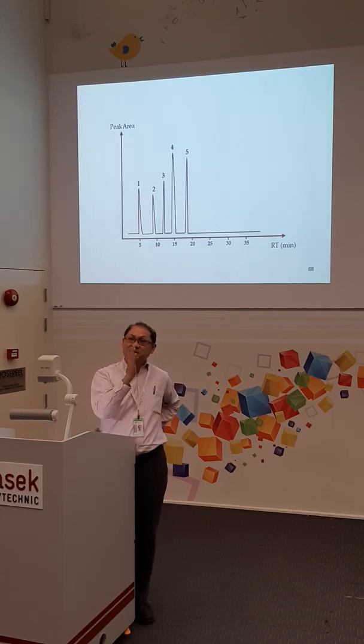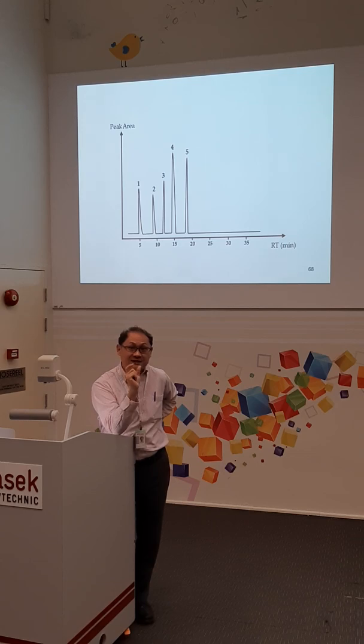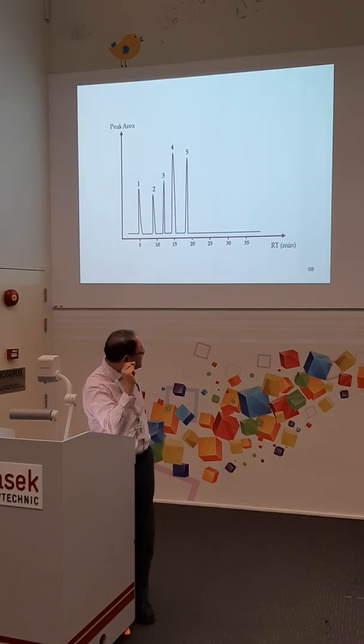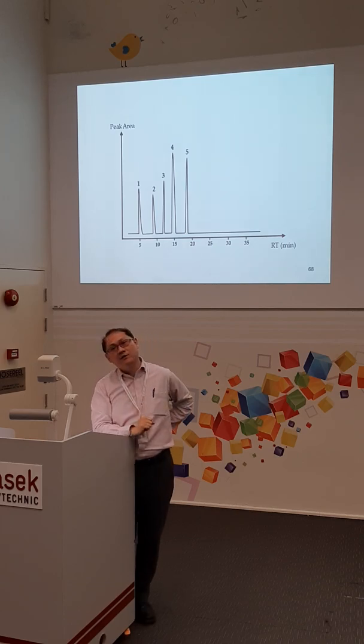So you see between compound 4 and 5, we successfully shortened the waiting time very, very significantly. Right? We just need to wait for a few minutes, then compound 5 comes out. And the separation efficiency also improved. How do we know?